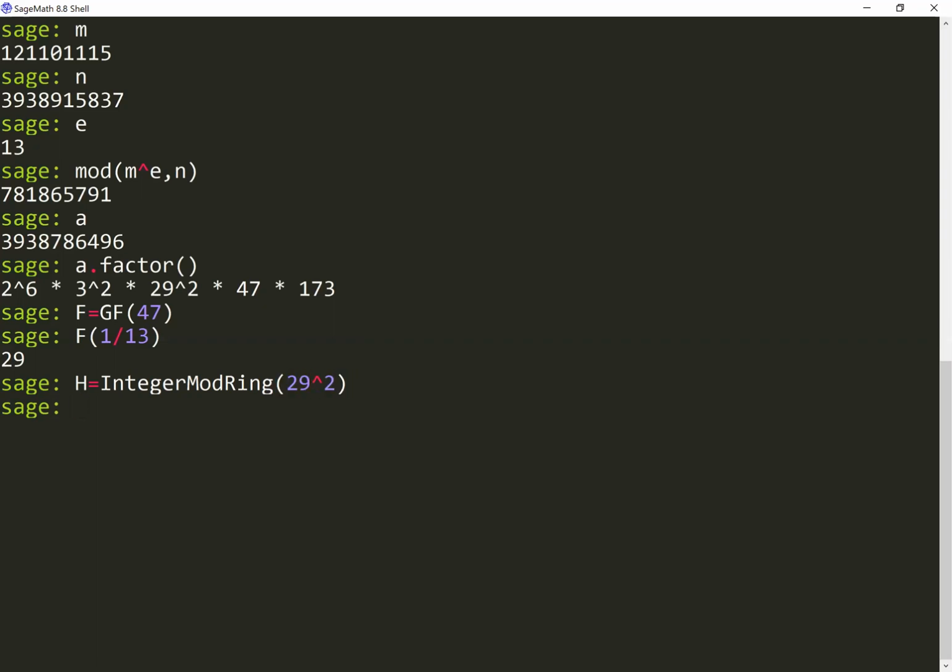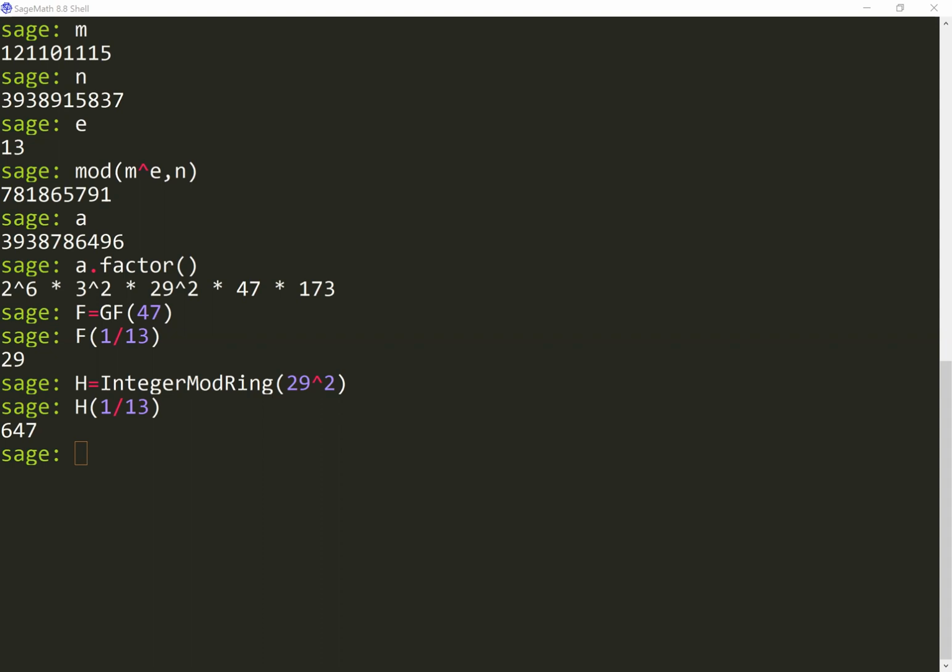Now we find the inverse of 13 in H by computing H(1/13). This tells you the inverse of 13 in this number system is 647, so the inverse of 13 mod 29 squared is 647.